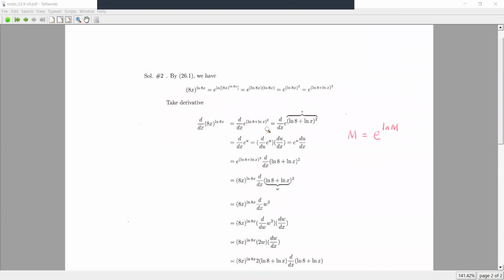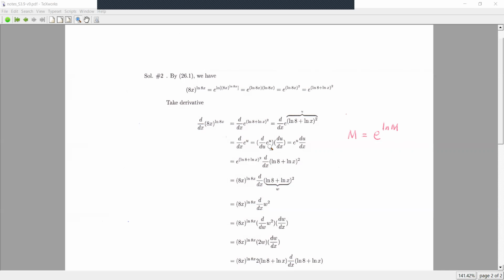Then the function becomes e to u. Now, apply the chain rule to compute this derivative by inserting du to the bottom and to the top. Then this derivative is the product of these two derivatives.